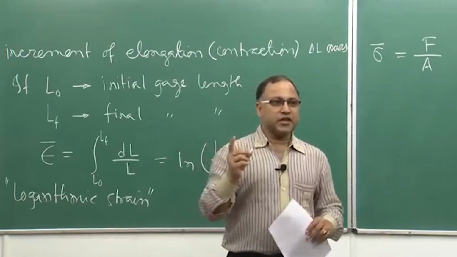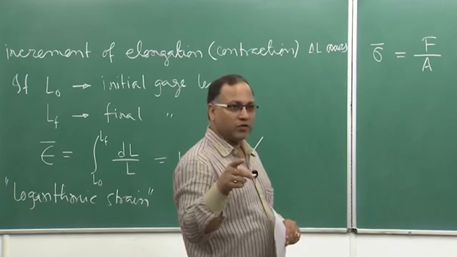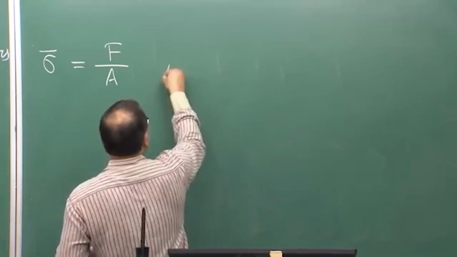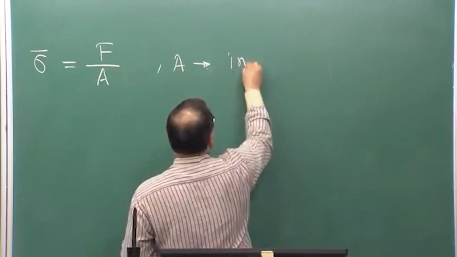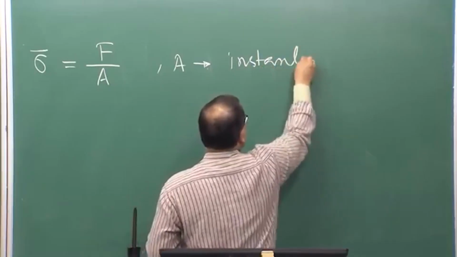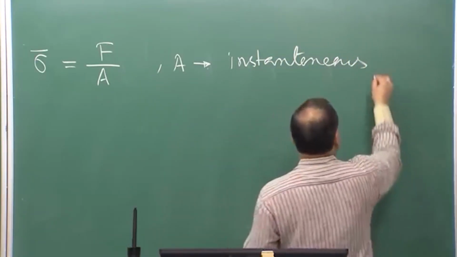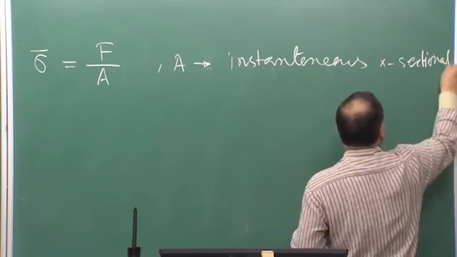Okay. In case of engineering stress, we calculated engineering stress equal to F by A naught, but here it is F by A. Now, what is A? A is instantaneous cross sectional area.